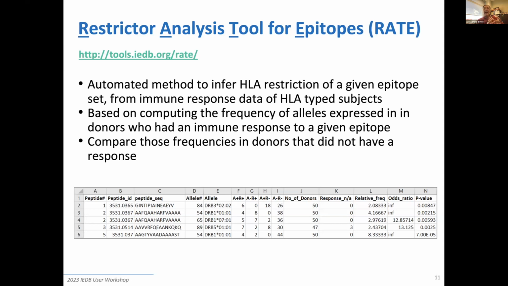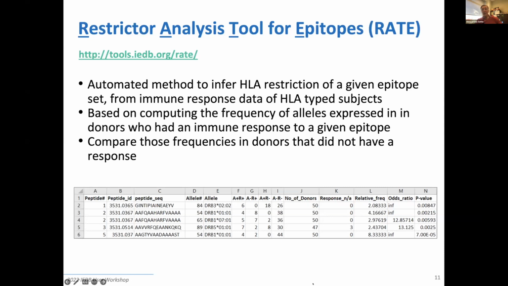This is somewhat analogous to what is done with odds ratio and relative frequency of HLA, when you say, for example, that ankylosing spondylitis is associated with HLA B27. What that means is that people that have ankylosing spondylitis are more likely than the general population to express HLA B27, but of course it doesn't necessarily mean that every single individual that has HLA B27 will have ankylosing spondylitis.